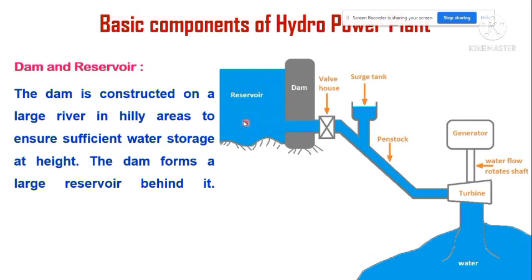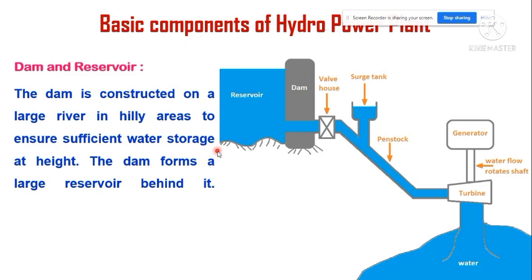The place where the water is stored, you call it a reservoir. The dam is generally constructed on a large river in hilly areas to ensure sufficient water storage, and the dam forms a large reservoir behind it.